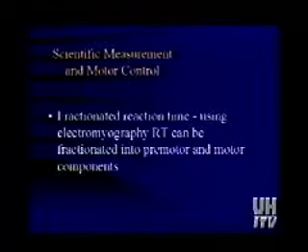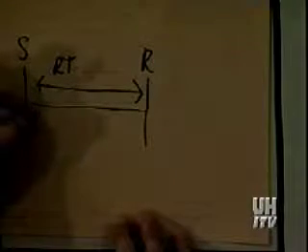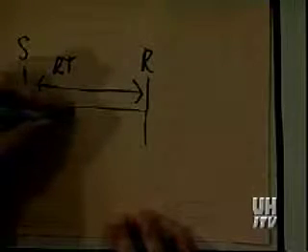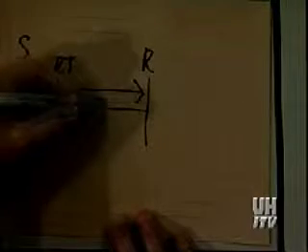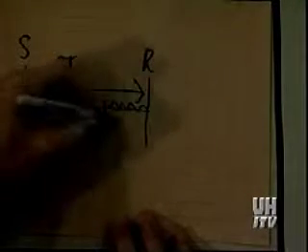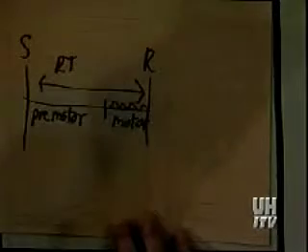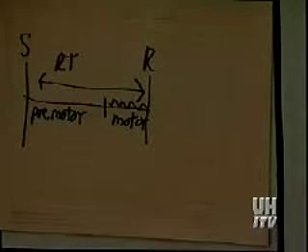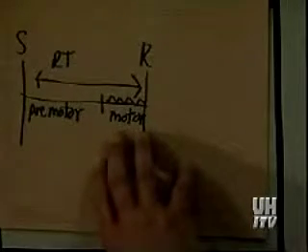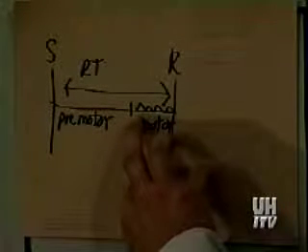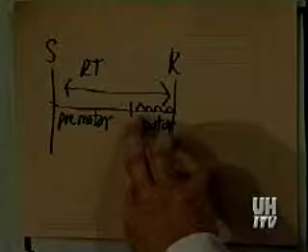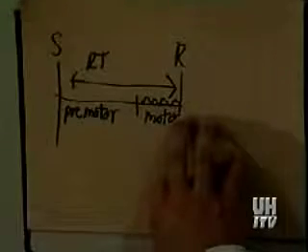What fractionated reaction time does is take this interval right here and divide it into what's known as a premotor component and then a motor component. Let's talk about the motor component first. The motor component is from the time that you can measure electrical activity of a muscle until the response.